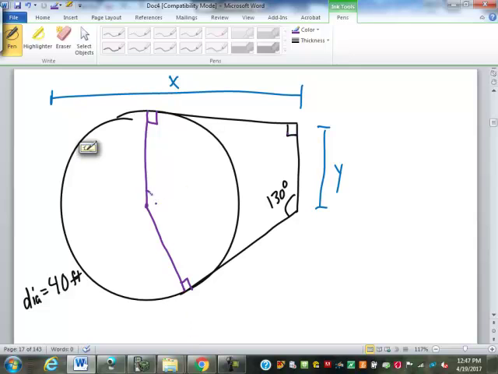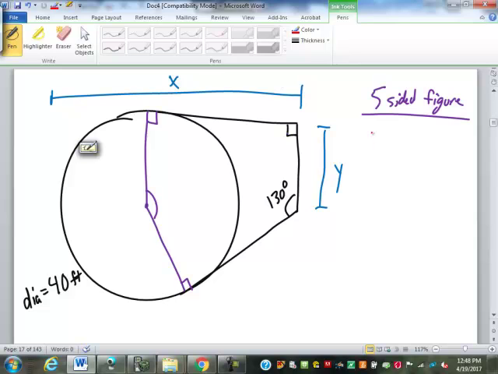Do we know this angle here? We do. Actually, not quite, I don't think. This is a 5-sided figure. The angle sum, remember triangles have 180 degrees for their angle sum, right?